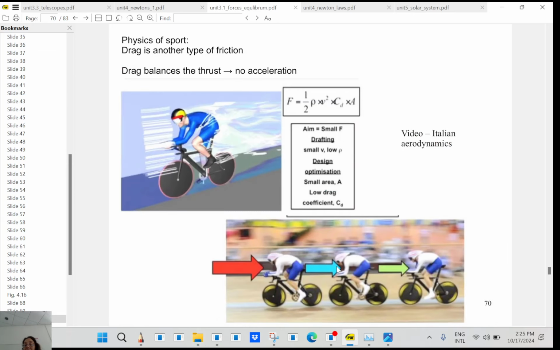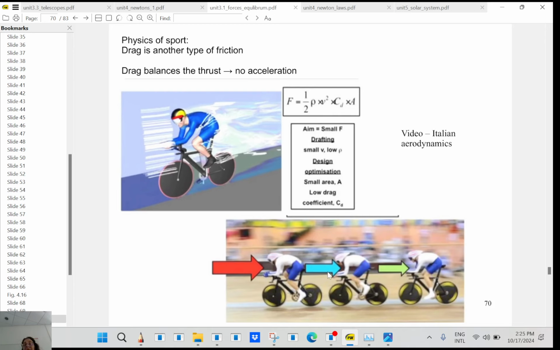Okay, and then if you want to decrease the amount of air resistance, what they do is have a race as a team, right? So they take turns to be behind or in front. Those behind, it will be easier for them, right?